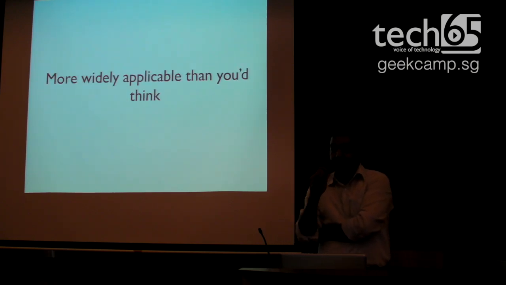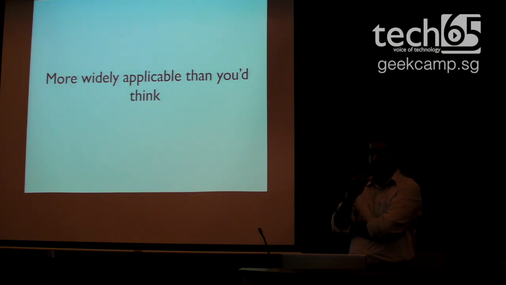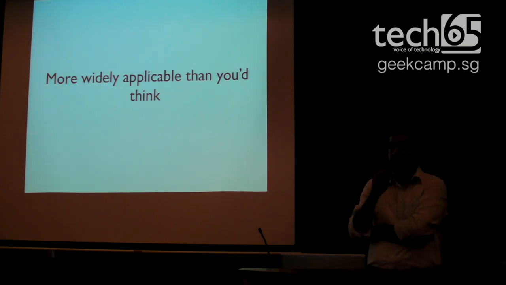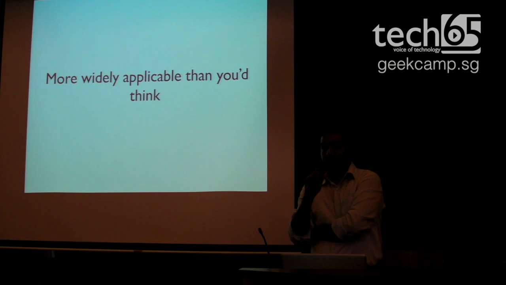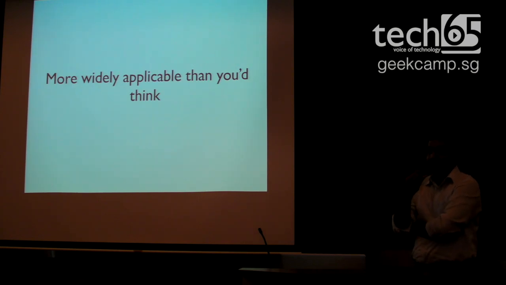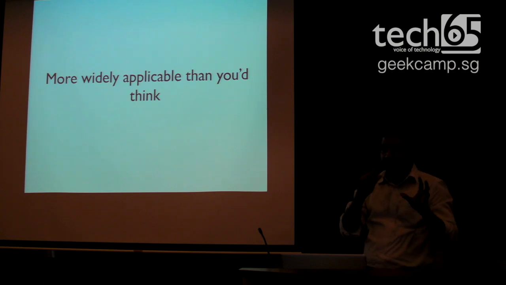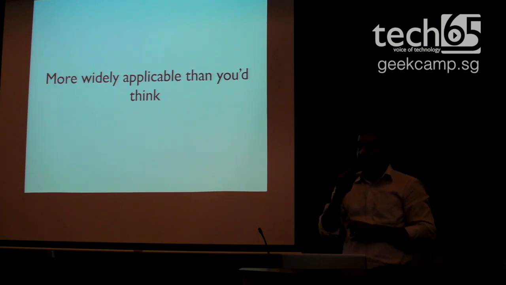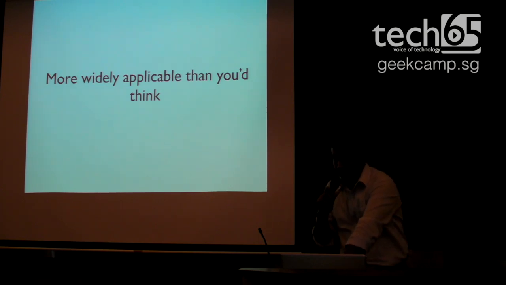The final thing is essentially that graphs are probably a little bit more widely applicable than you think. My personal belief is that some of the graph vendors are probably doing themselves a disservice by saying that it's complicated or esoteric or hard to use, when that's actually not true at all.